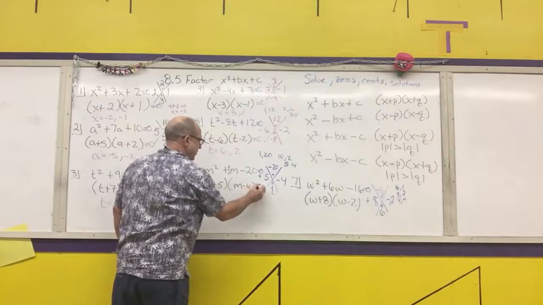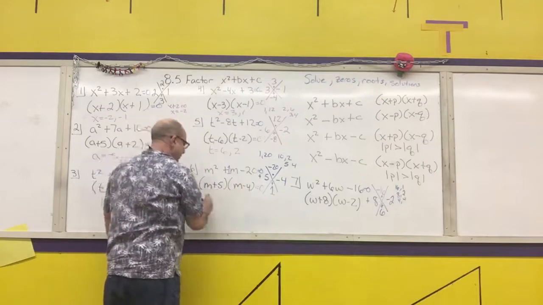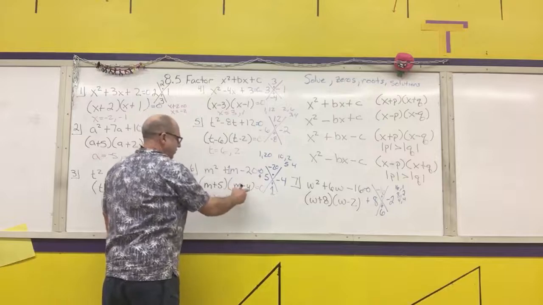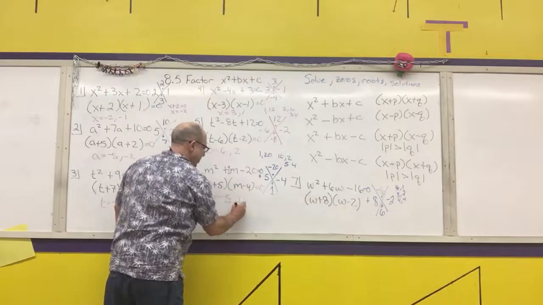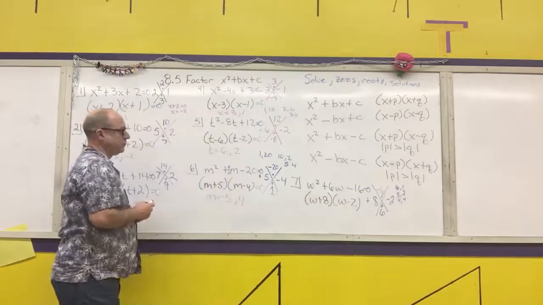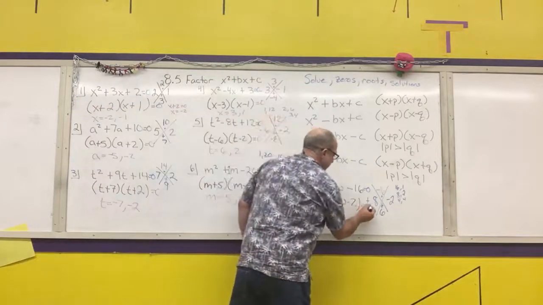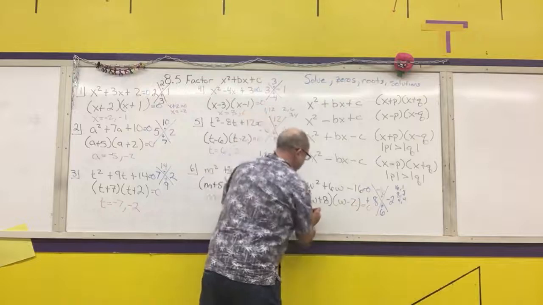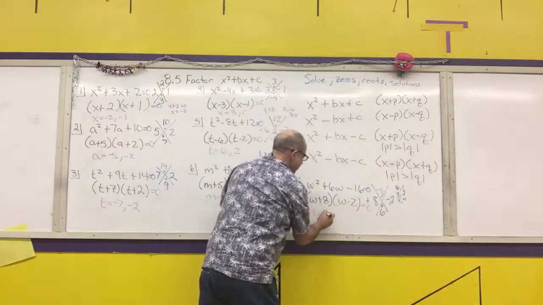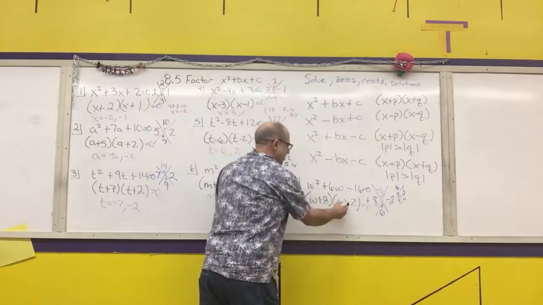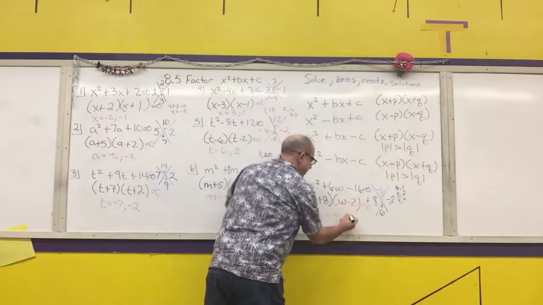If this was equal to 0, I would subtract 5, so I get m is equal to negative 5. Or I get m is equal to 4. And the last one, if this was equal to 0, I would get w is equal to, subtract the 8, negative 8. Or w is equal to 2 by adding the 2.